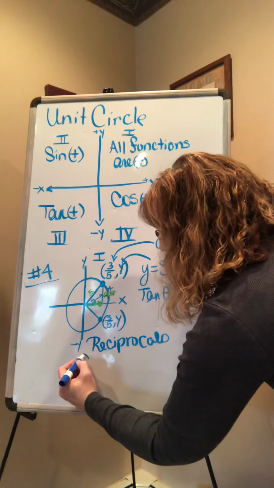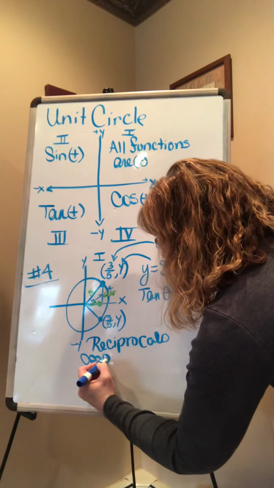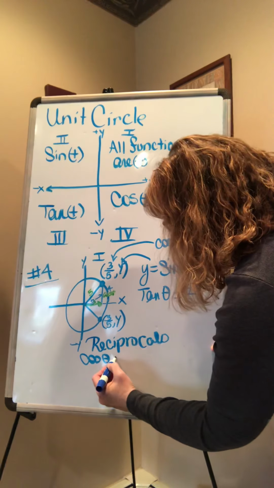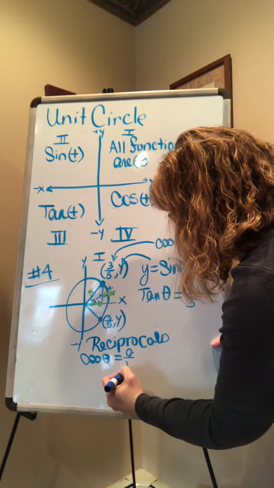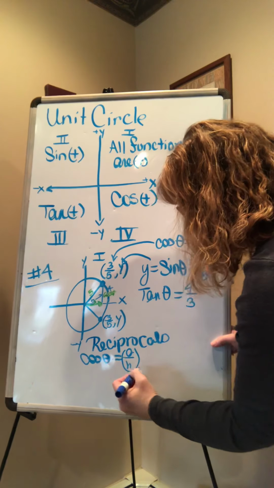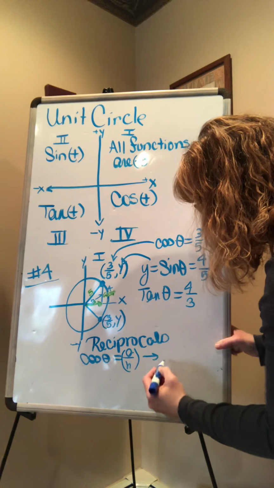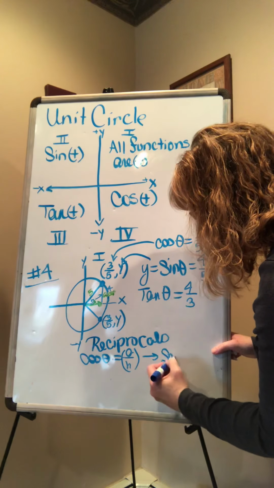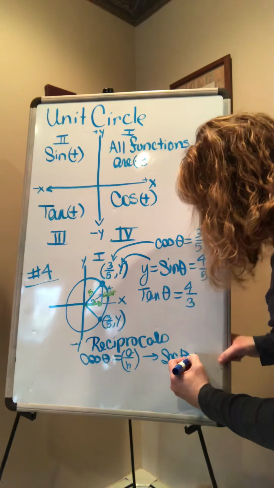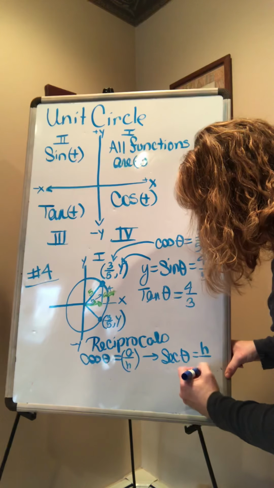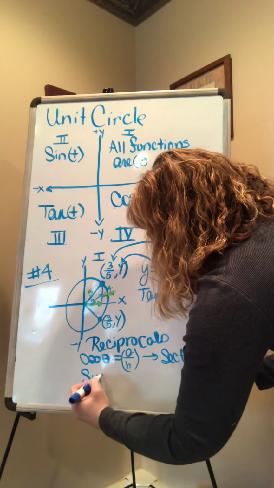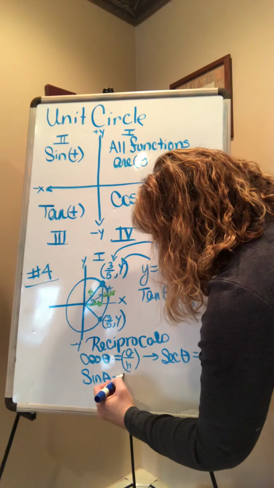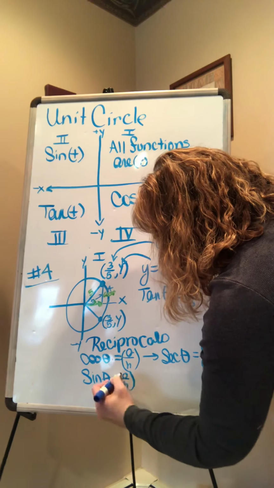If I have cosine of theta is the adjacent over the hypotenuse, then I can have what's called the secant of theta, which would be the hypotenuse over the adjacent. And sine theta is opposite over hypotenuse.